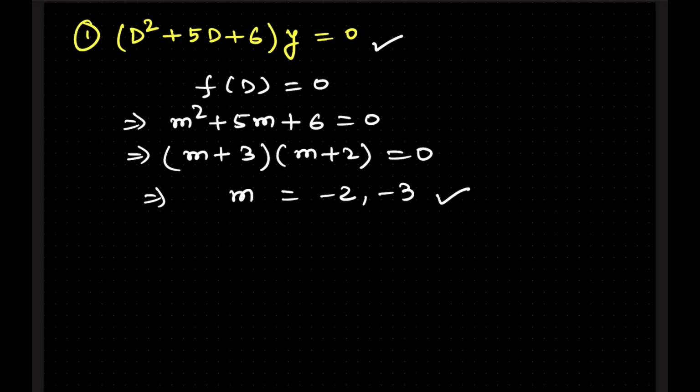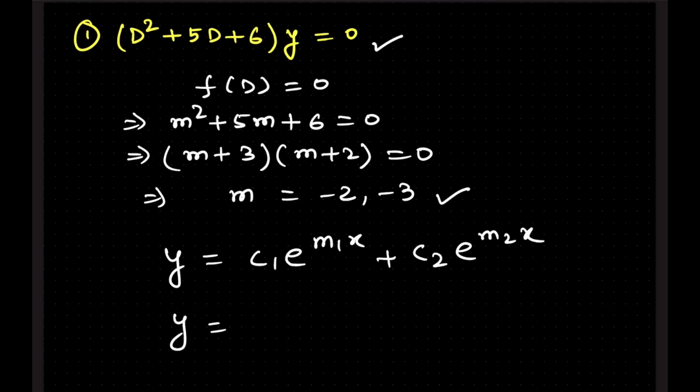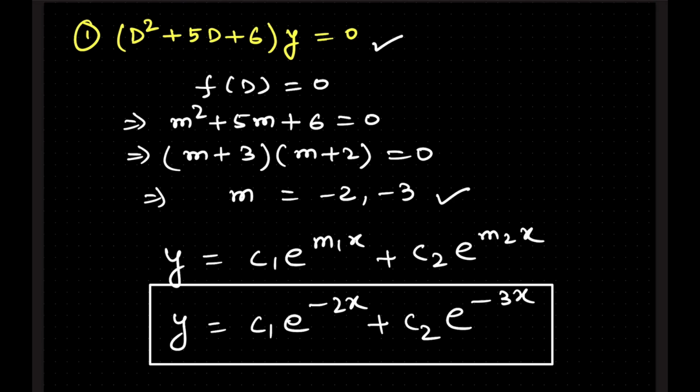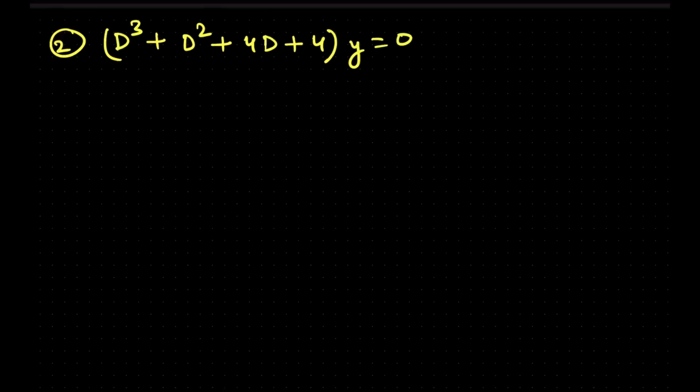We know that our solution will be y is equal to c1 e to the power of m1x plus c2 e to the power of m2x. So you can replace m1, m2: c1 e to the power of minus 2x plus c2 e to the power of minus 3x. So that's the solution. Now we will go to the next question.